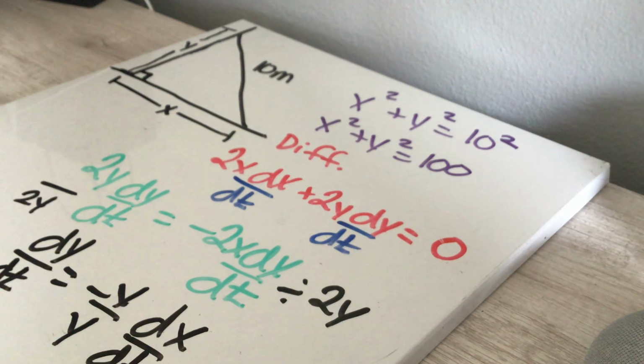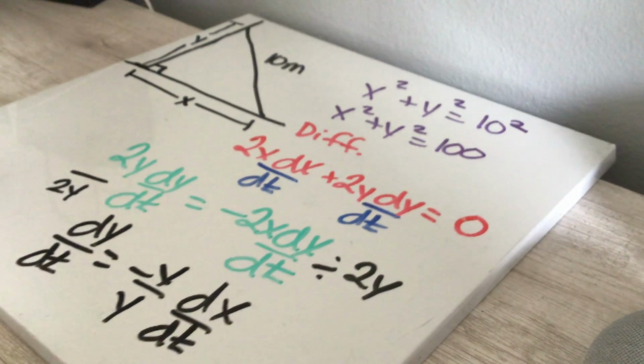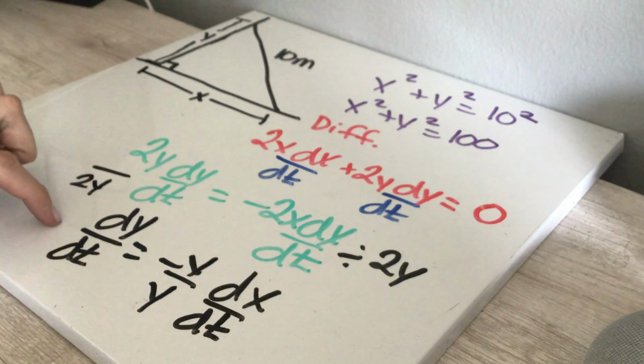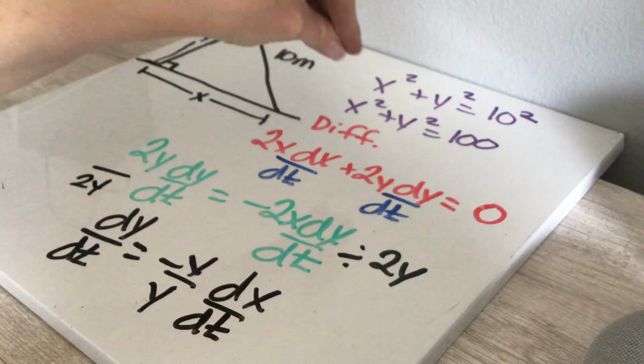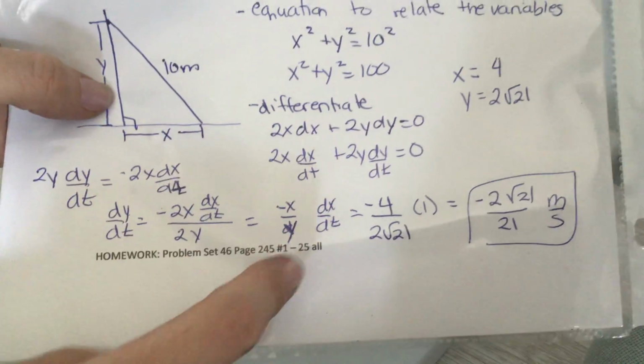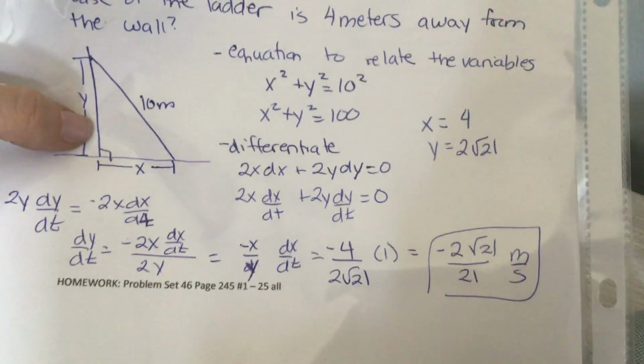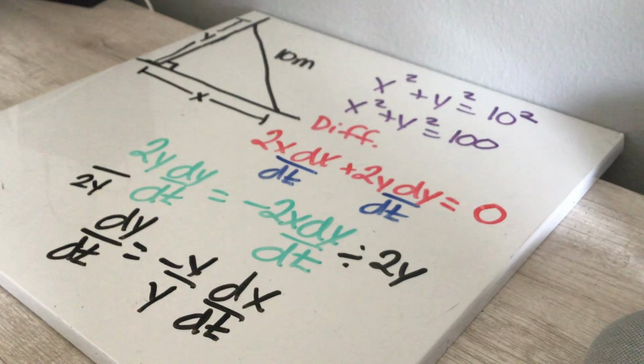Then we're going to have to plug in numbers, right? Because we need dy/dt. So it's saying now go back to the word problem, right? Because you've written your equations, and plug in the information you have from here into that equation. Okay?